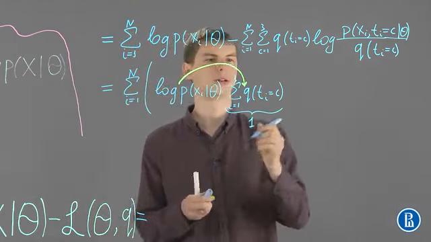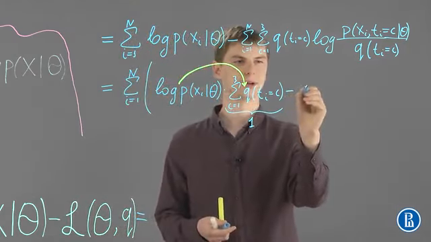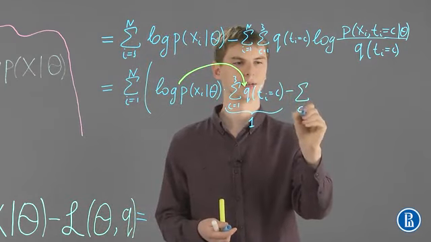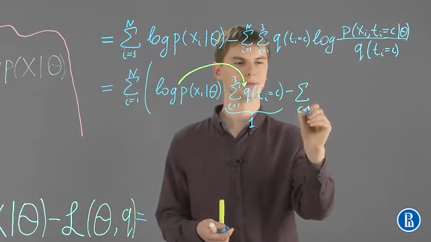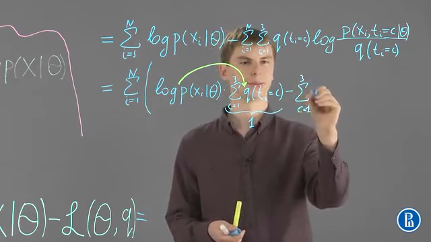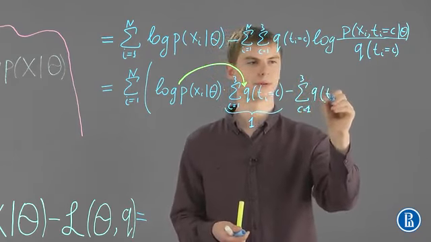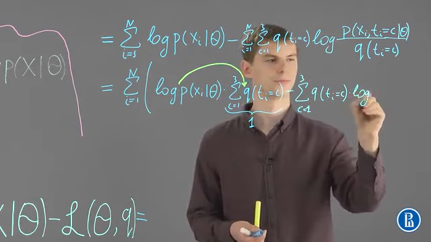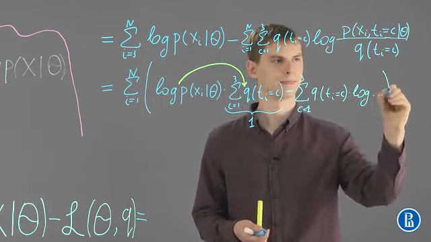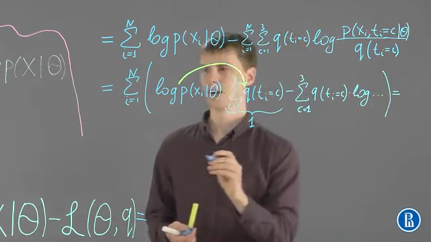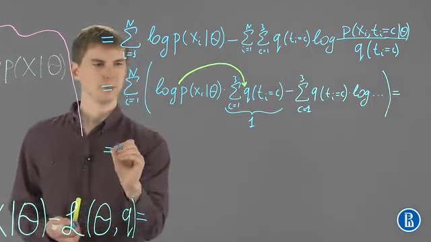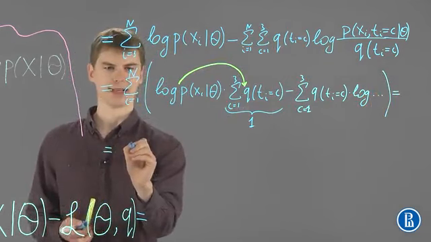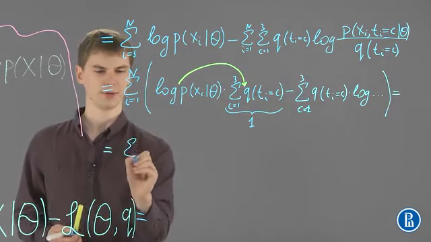And finally, we can rewrite the second term as a sum with respect to the values times again q and times the logarithm of the ratio. Then we can put this summation with respect to the values of the latent variable outside of all the expressions.